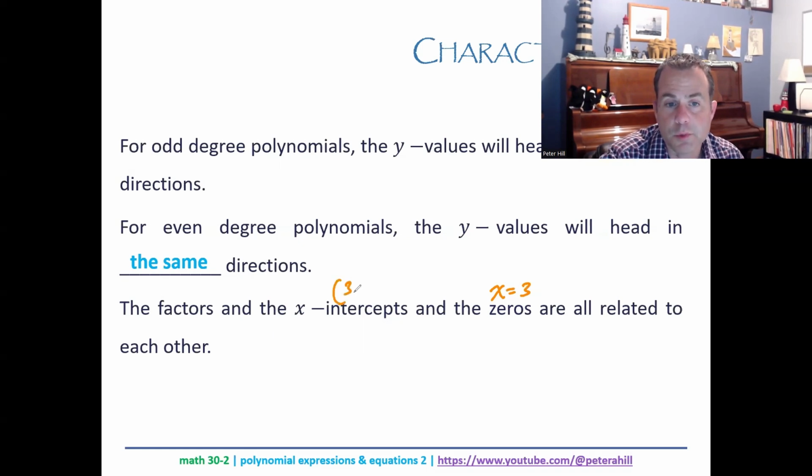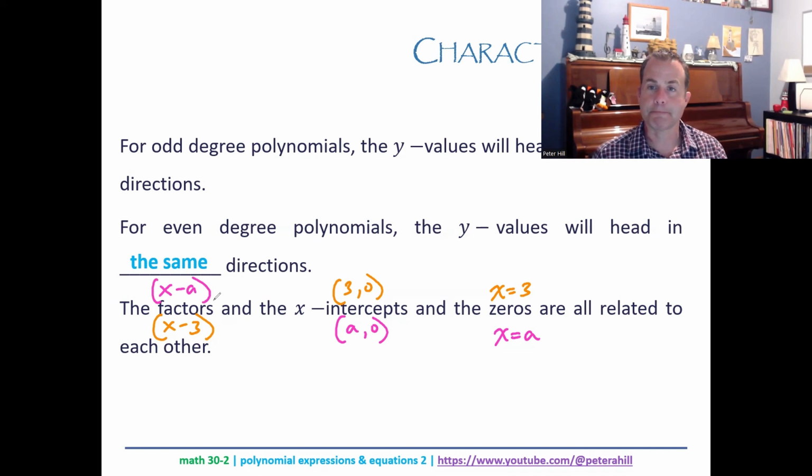The x-intercept would be 3 comma 0. And then the factor would be x minus 3. If you want to get even more algebraic, we could just call it a letter. The zero is x equals a, the x-intercept would be a comma 0, and the factor would be x minus a.